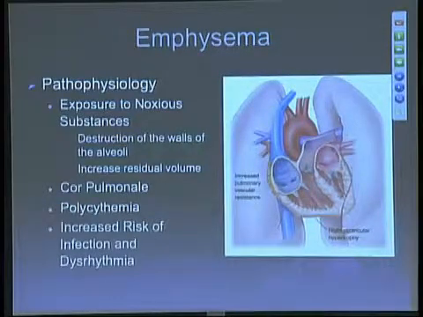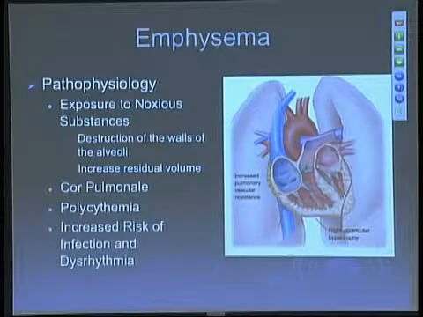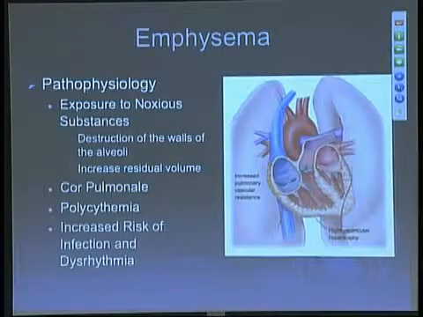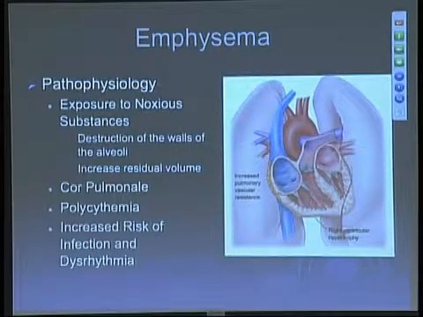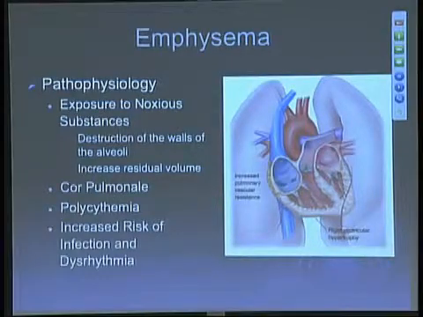Right heart fails because of chronic pulmonary hypertension caused by increased resistance of flow through damaged, non-compliant lung tissue. You get back pressure on the pulmonary veins, and the right heart has to accommodate for that and develops right heart hypertrophy and then right heart failure.